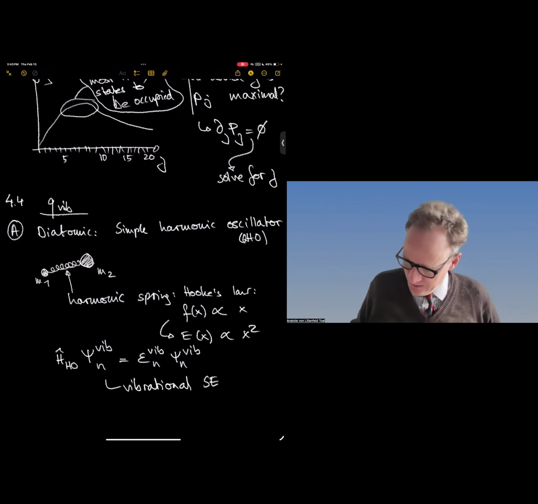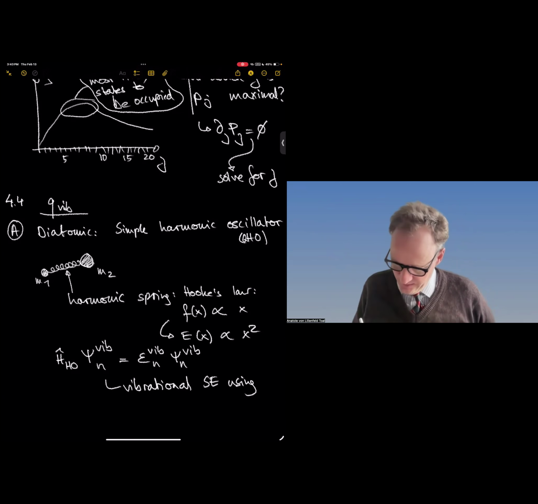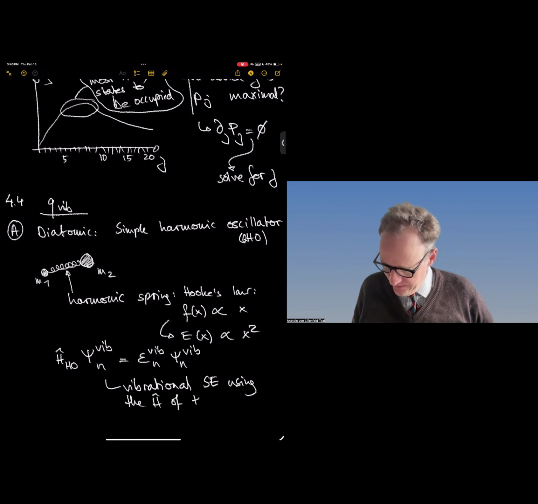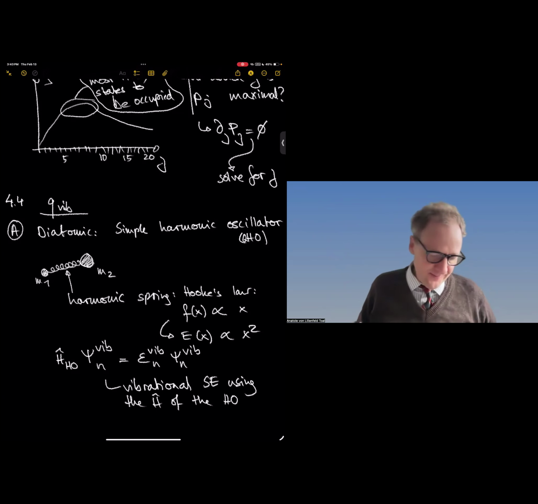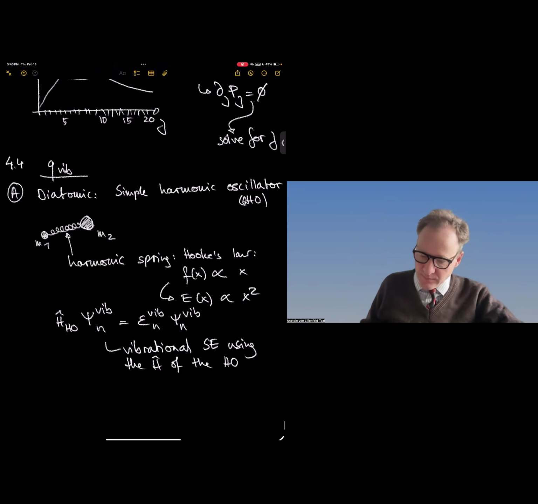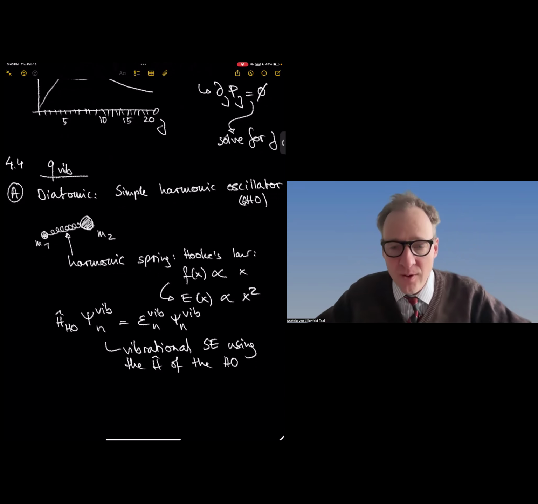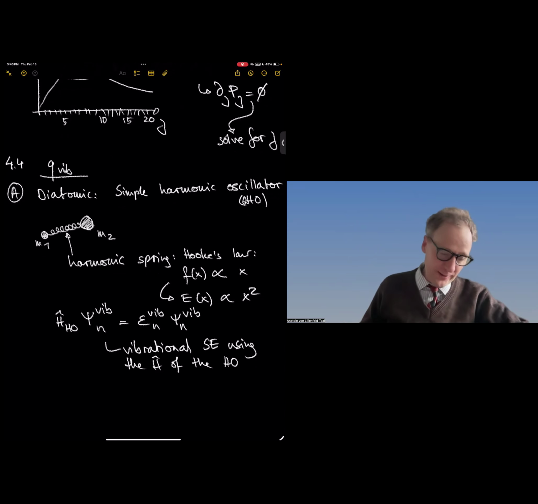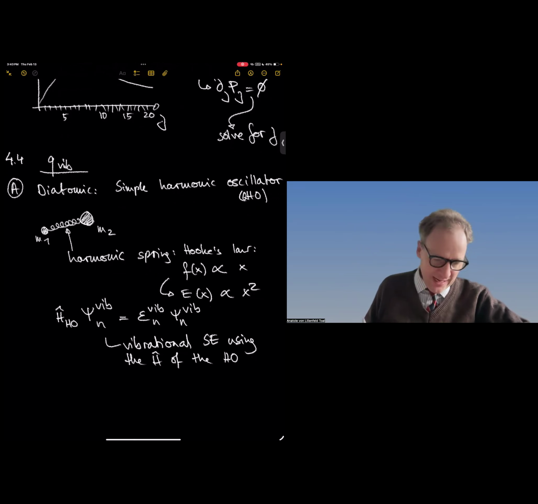So this is the vibrational Schrödinger equation using the Hamiltonian of the harmonic oscillator. Okay. Now, again, I hope you encountered this already in your quantum course. So we do not have to solve this ourselves, even though it's a beautiful chapter in introductory quantum mechanics.